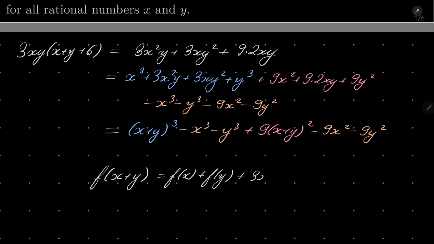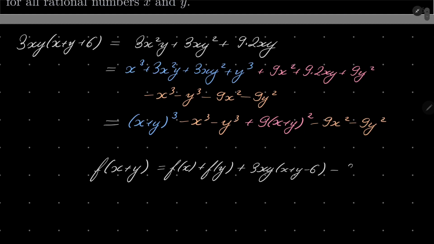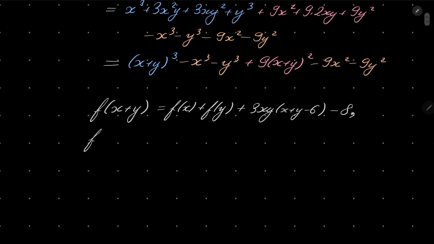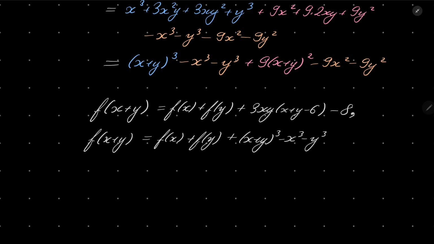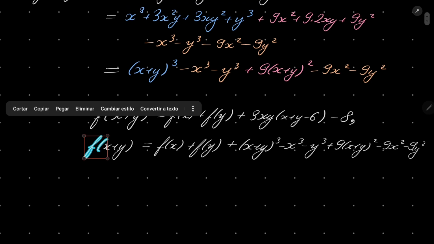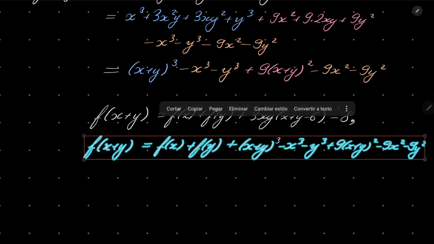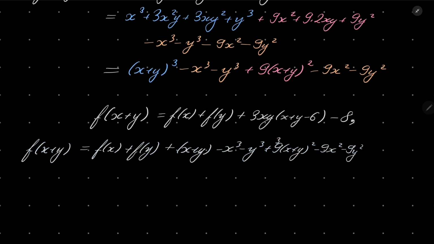It is that. And now we have demonstrated that the right hand side can be written in the following way: x plus y cubed minus x cubed minus y cubed plus 9 times x plus y squared minus 9x squared minus 9y squared, and finally minus 8.